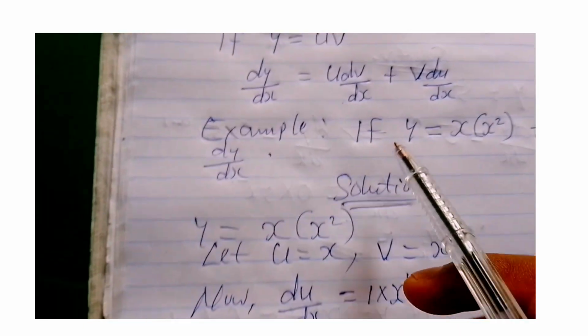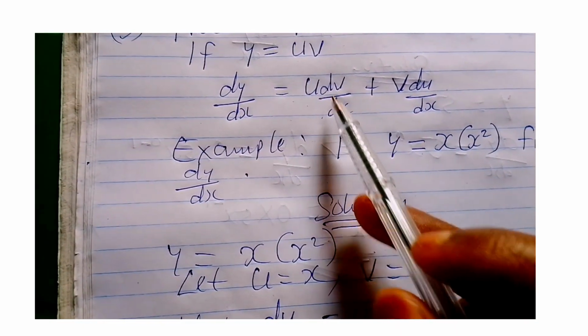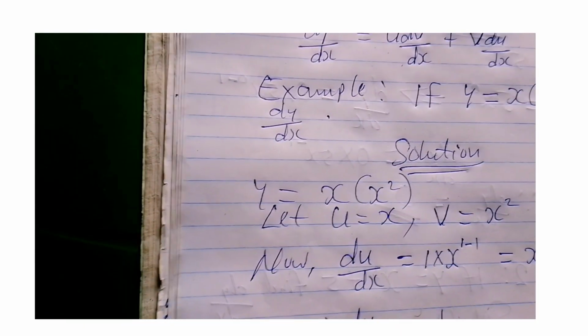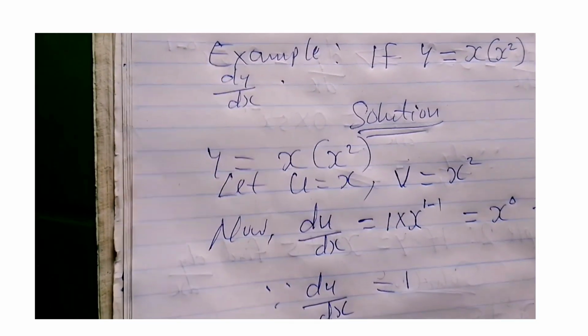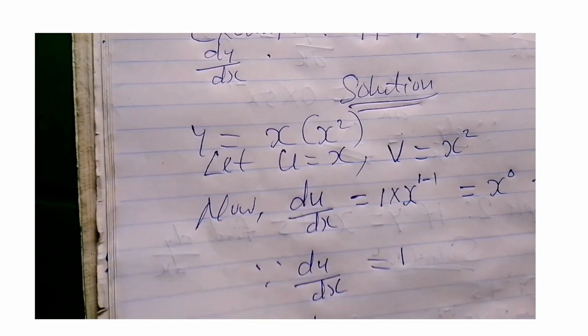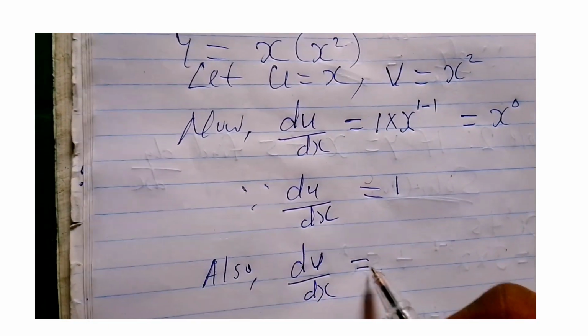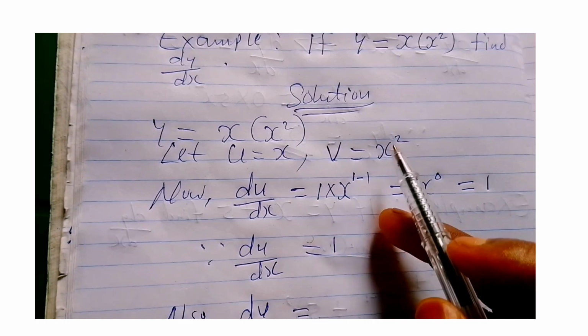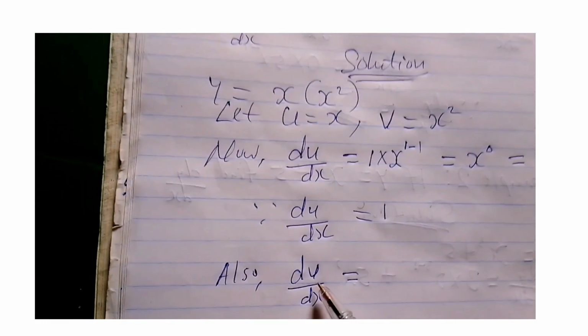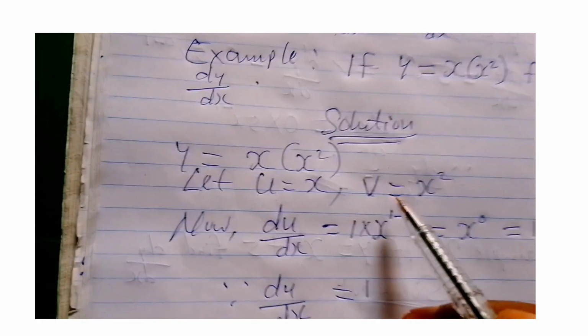Now let's find our dv over dx. Pay attention to this. When we have dv over dx, that means we are deriving v with respect to x. That is what dv over dx means.